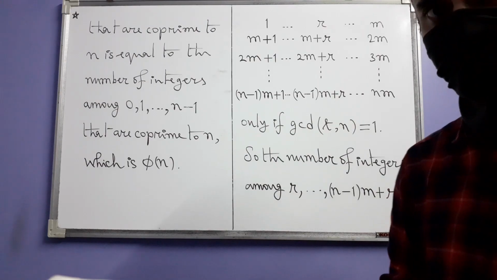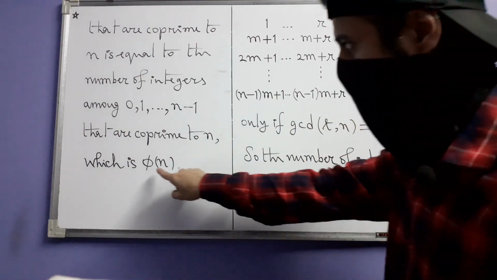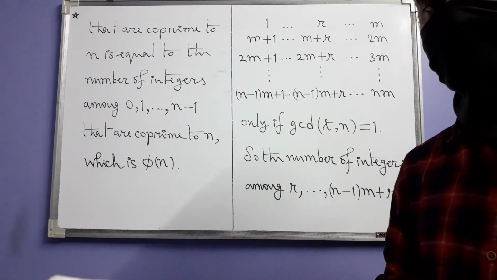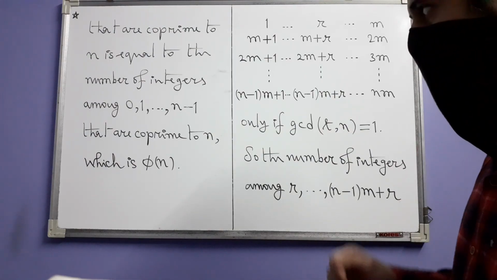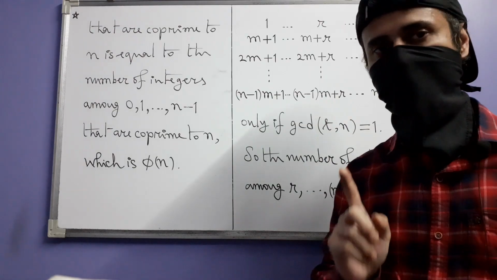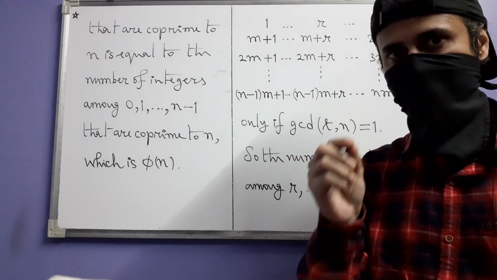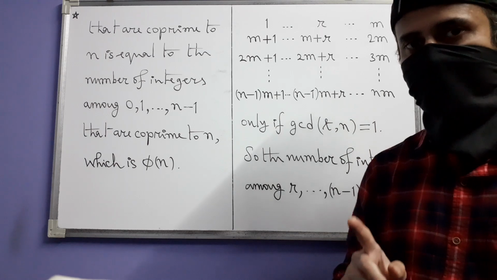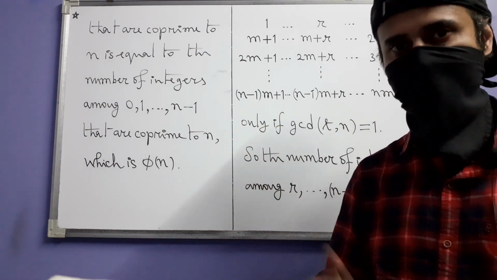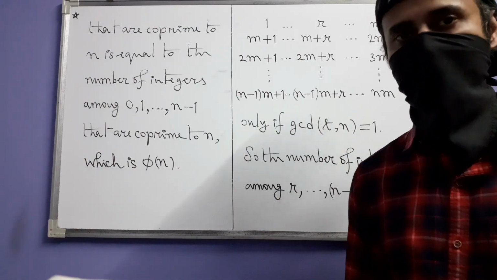Phi of m columns. And in each column, this many members are also simultaneously relatively prime to n. So the total number of numbers in this array that are coprime to m and n is phi of m times phi of n, which however by definition is phi of mn. So that's how you have that equation, and here the proof ends.